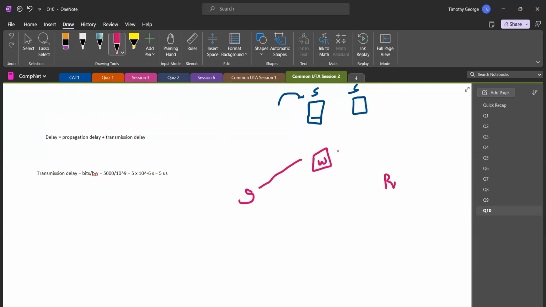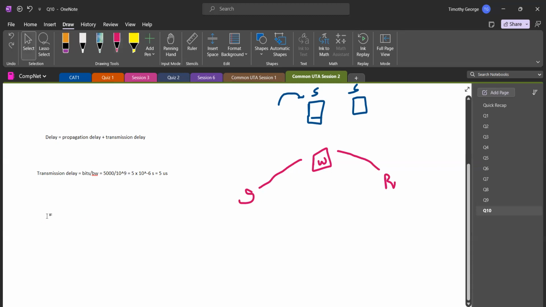You have to look at the whole network, including sender and receiver. How many links are there in this network? 2, right? So the total transmission delay of this entire network would be 2 into the transmission delay of 1 link. Same way, the total propagation delay would be 2 into the propagation delay of 1 link.